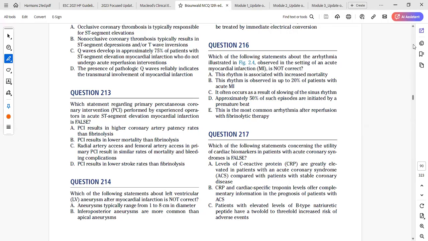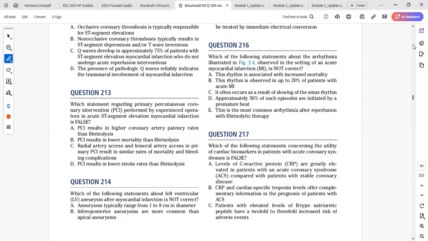In these cases, the treatment of choice is the use of atropine or pacing. So option A is false. B, this rhythm is observed in 20% of patients with acute myocardial infarction. I said that's one of the causes. It can occur in myocardial infarction in 20% of cases. So since it's a true statement, that makes it false.